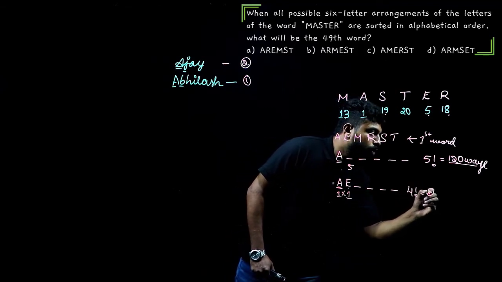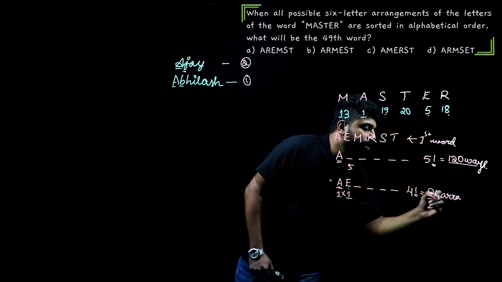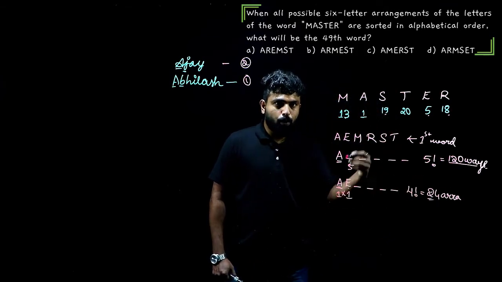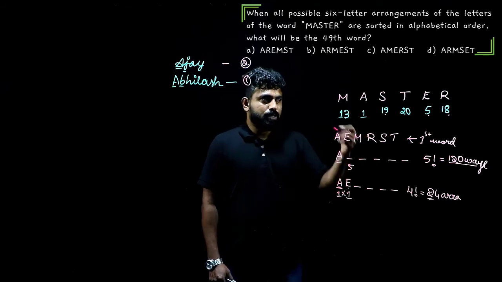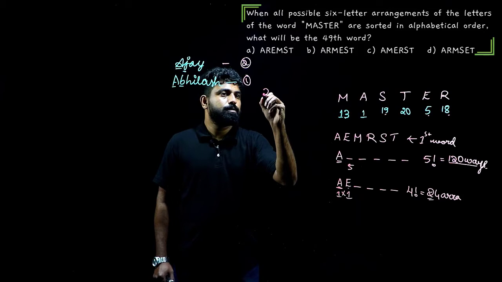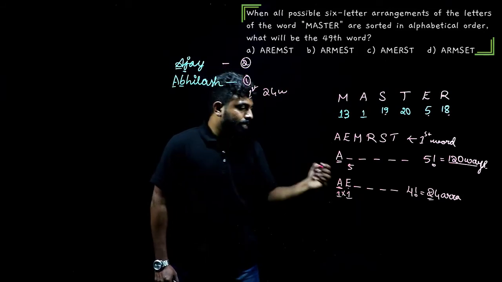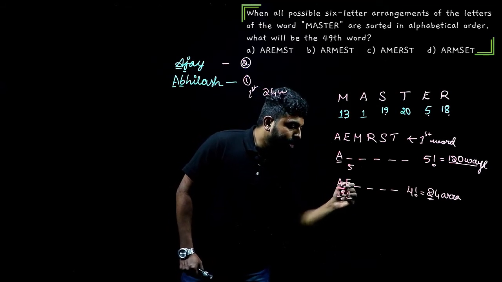So you get 24 arrangements, which means you have got the first 24 words while arranging in alphabetical order. So all the words in this combination are done.